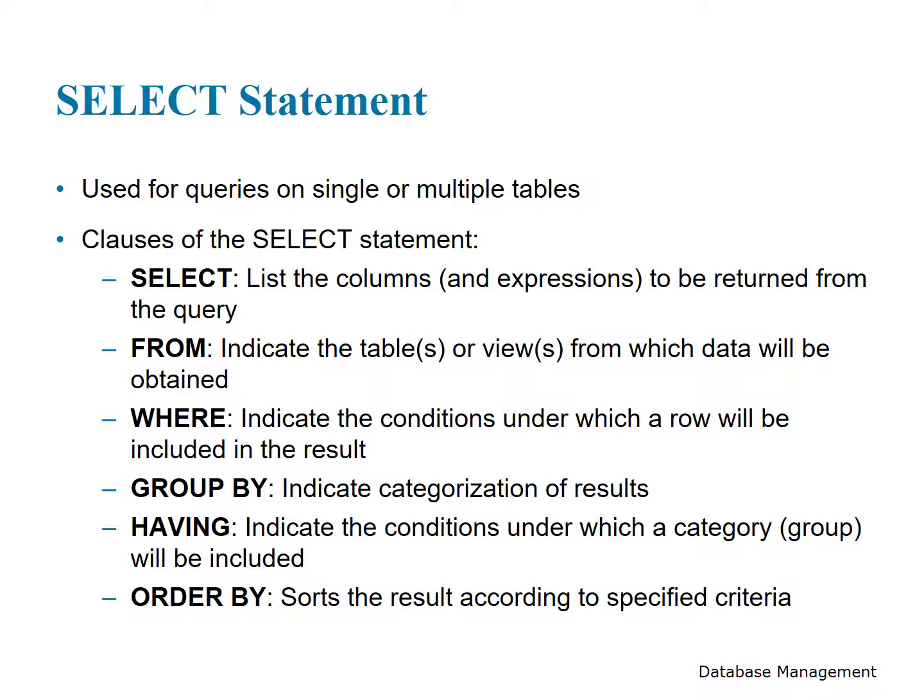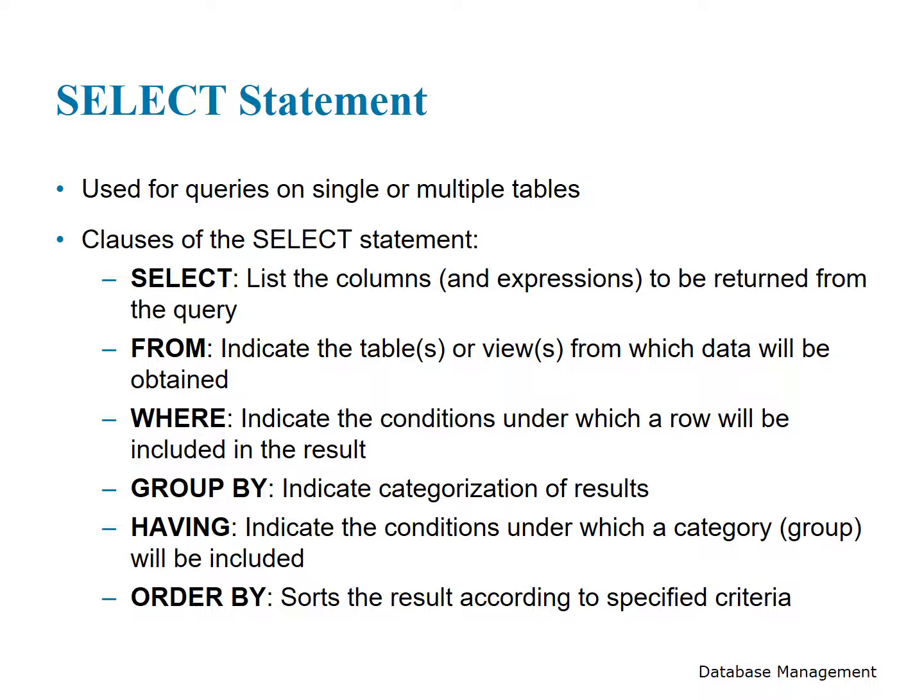Select statement. Used for queries on single or multiple tables. Clauses of the select statement: SELECT lists the columns and expressions to be returned from the query. FROM indicates the tables or views from which data will be obtained.